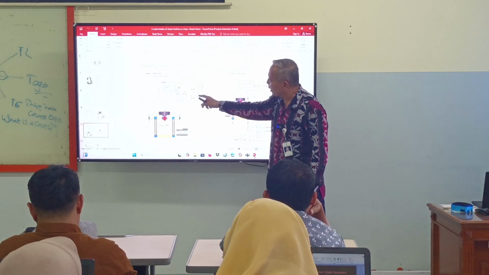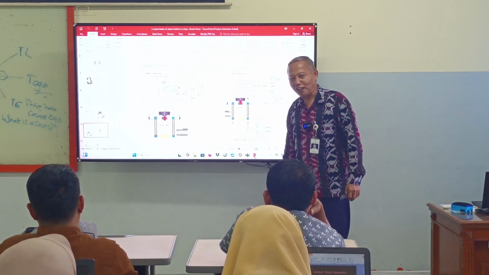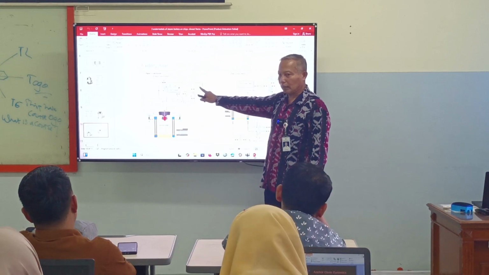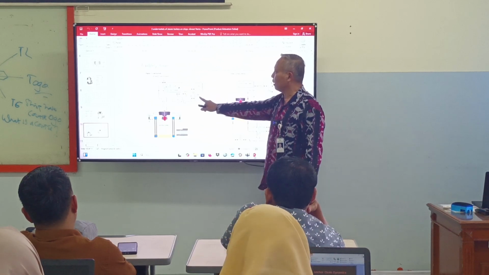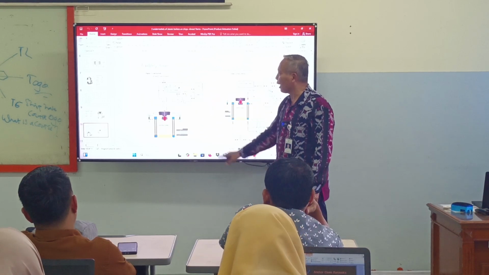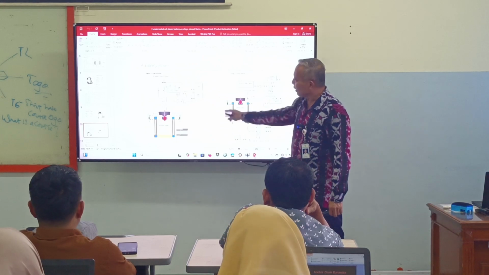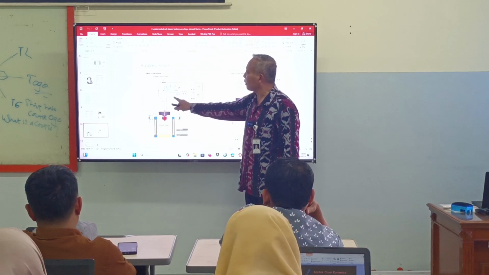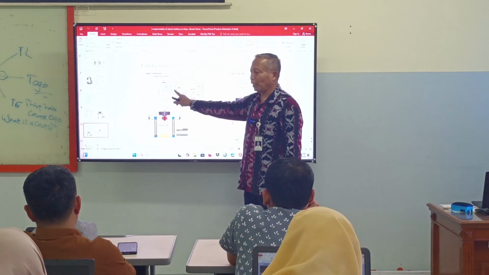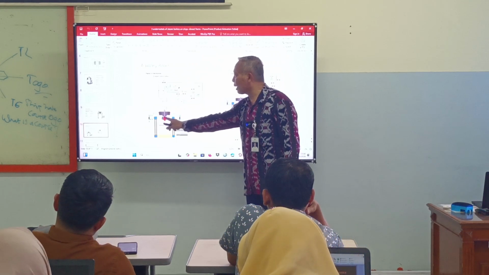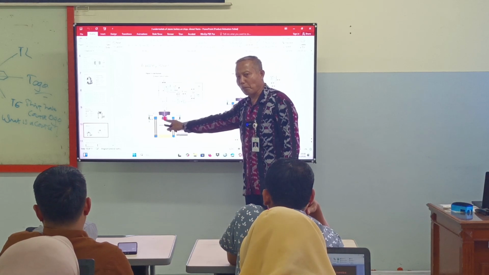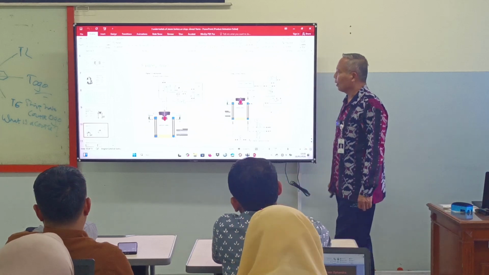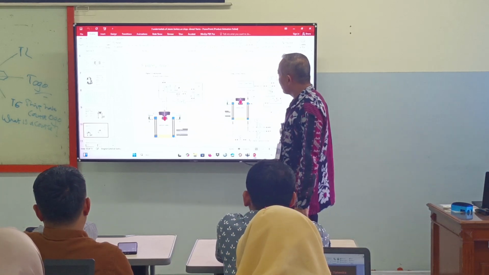Okay, this is a chemical for maintenance. And then this is the fuel tank, the diesel oil service tank and diesel oil settling tank. Okay, this is the filter, suction for the pump, and the pump to the burner.